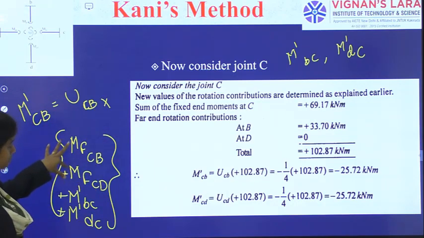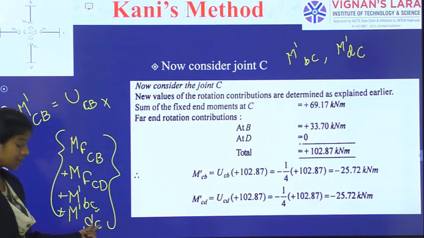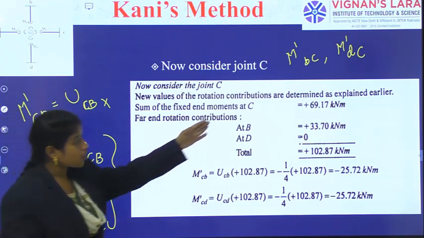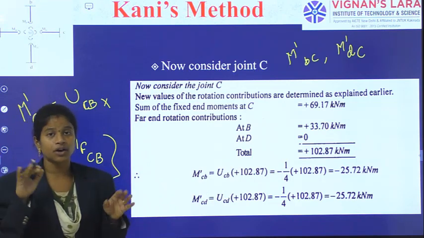Because these two summations I have given as the first value. These two values, just now we have got the rotation contribution at B and the rotation contribution at D. Summing up all these quantities, we have got some quantity that was there in the bracket of UAB or UBC.